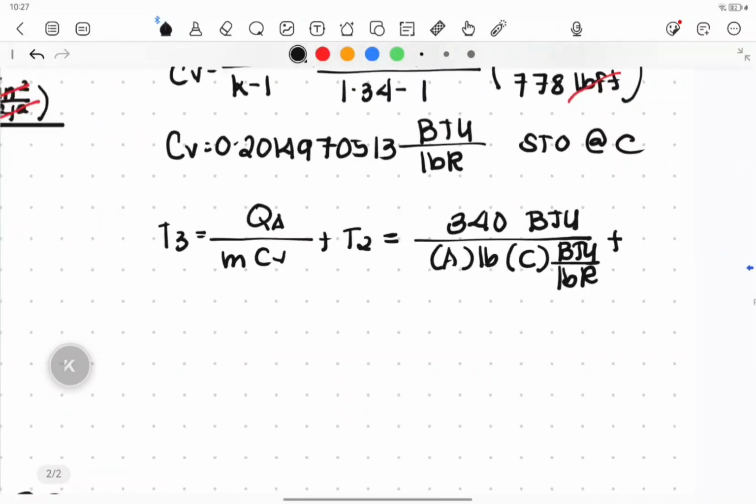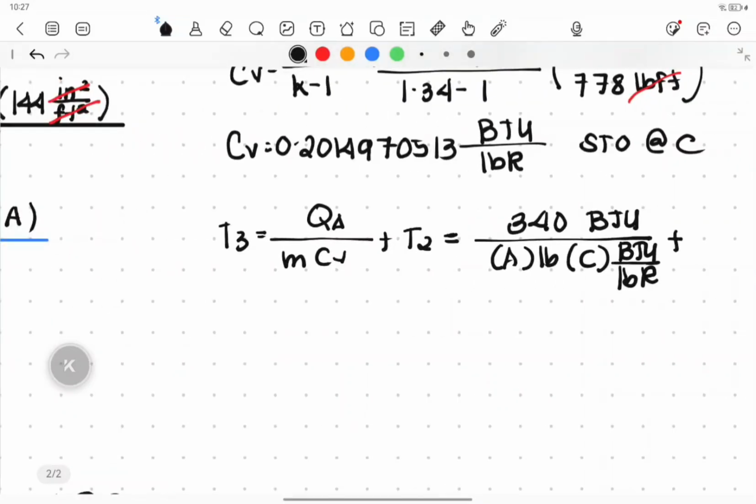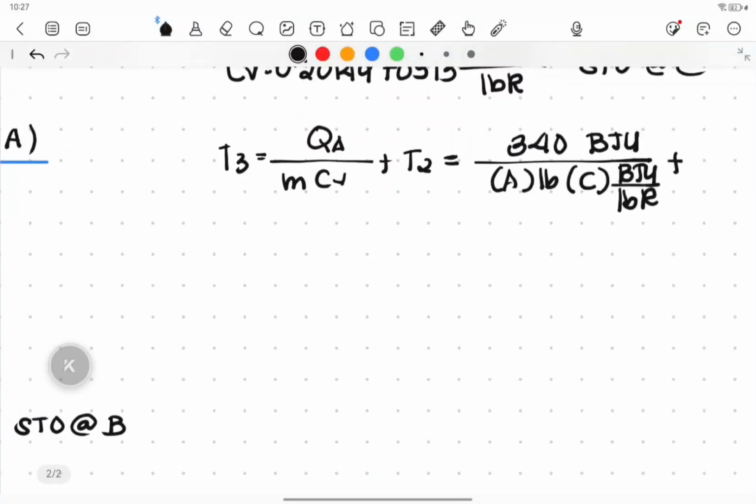And then our T2 is at letter B, which is in Rankine. And we can just cancel BTU and pound, so that we only have a Rankine value.